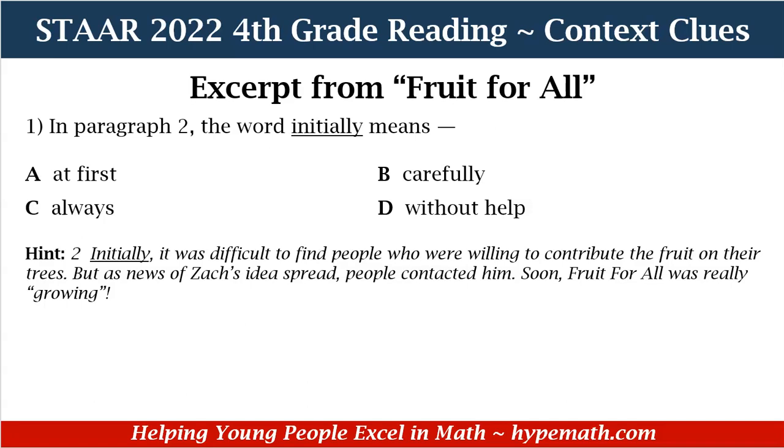Well, no, without help wouldn't be it, because we know that in the passage it said that Zach did have volunteers. So what's our correct answer? It is A, at first. Initially is the same as at first. At first, it was difficult to find people who were willing to contribute the fruit on their trees.